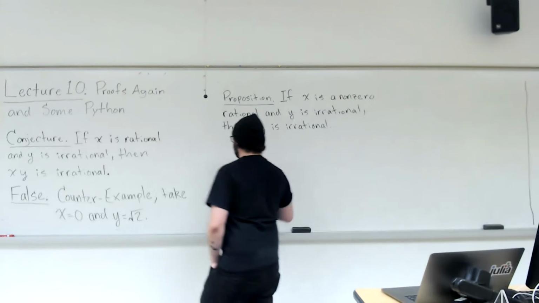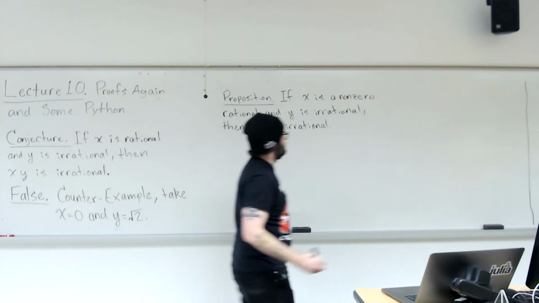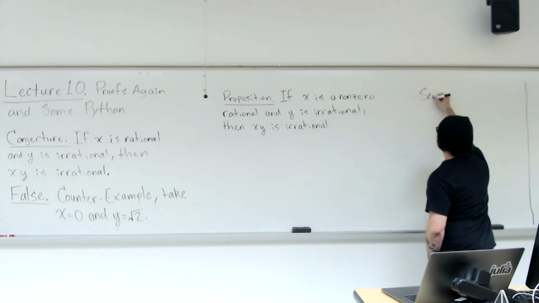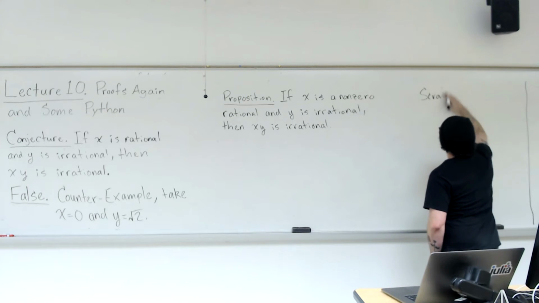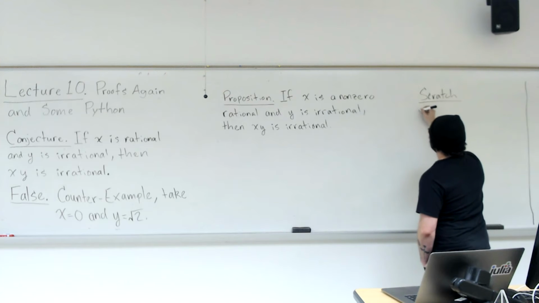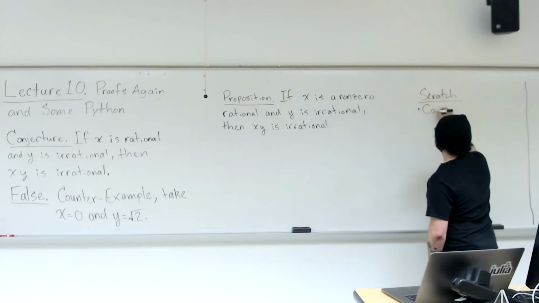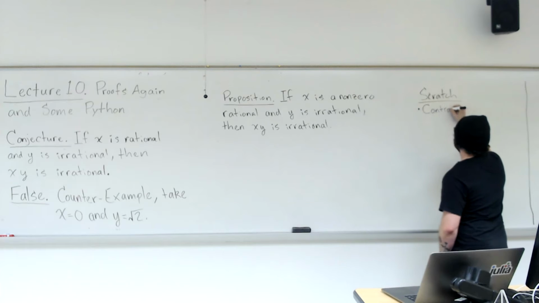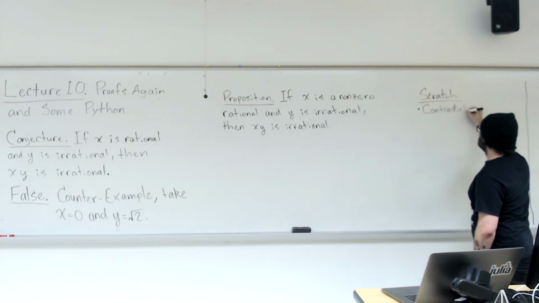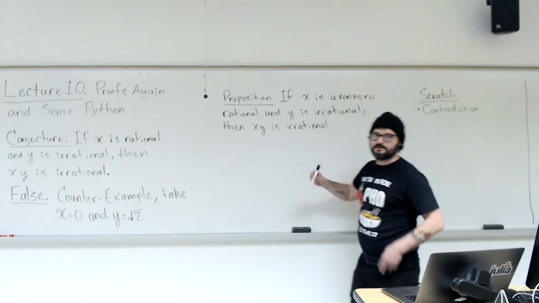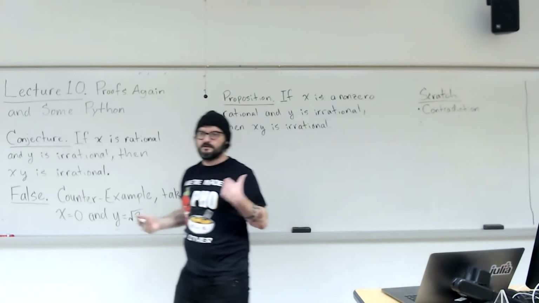Okay. So I'm just going to go ahead and, no, I'll do the scratch work first. Scratch work. So I'm assuming all of you, based off of what I briefly looked at, were using proof by contradiction. That means you're going to assume the hypothesis and the negation of the conclusion.